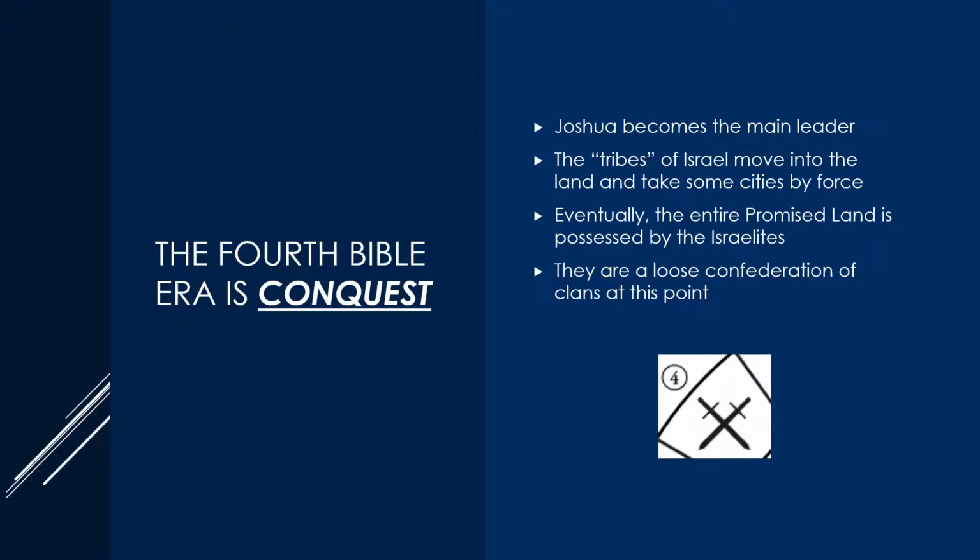But on this final portion here, we see that it is the time of conquest under Joshua as a leader. And we at least get all of those 12 tribes of Israel moved into the same land.